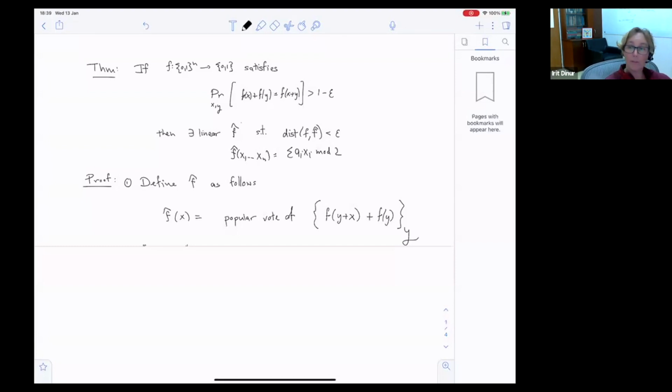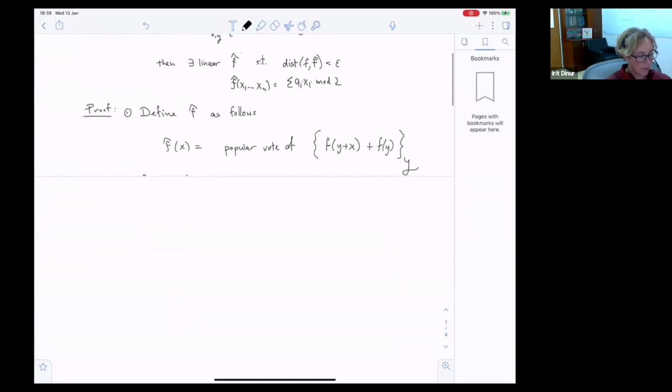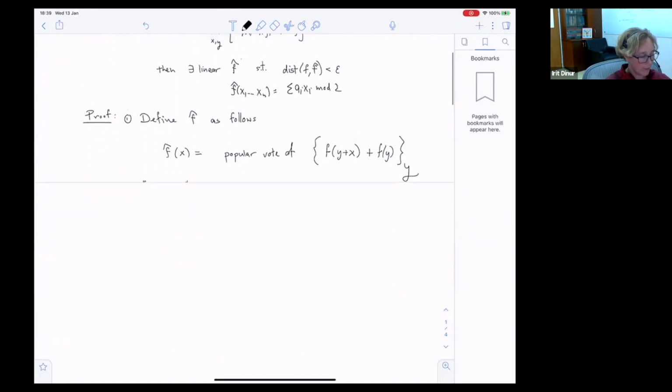Clearly, if f was a linear function, this value would be f of x. And also, if x, y, x plus y were one of the good triples, then the value I give f hat is equal to the value of f of x. But for some y's you may get one value, for other y's you may get another. We take the popular vote. So we have defined our function f hat.